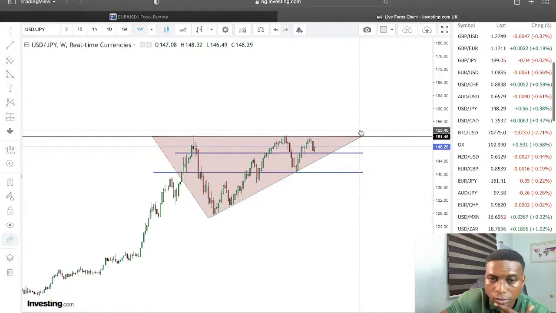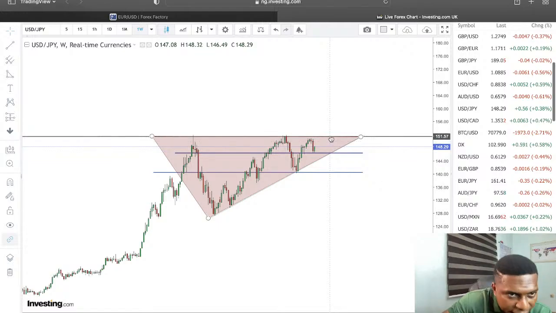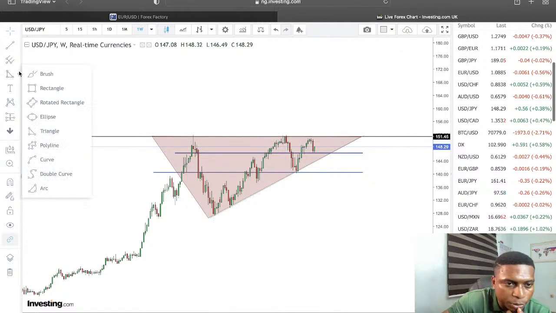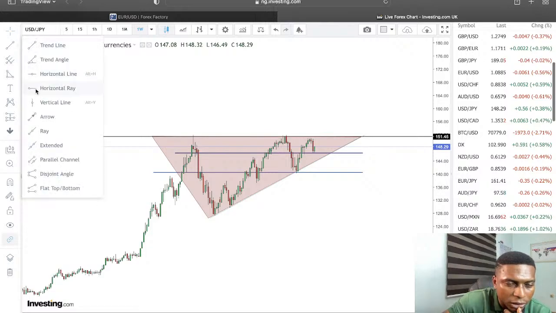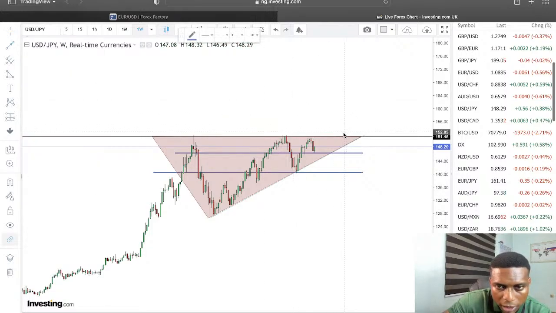So from here now, there would be a much anticipated breakout that would occur at this level.